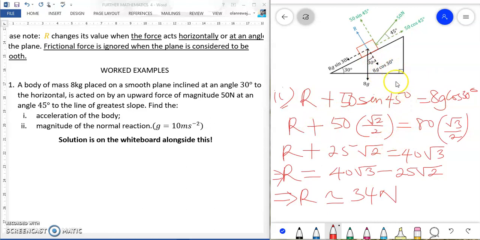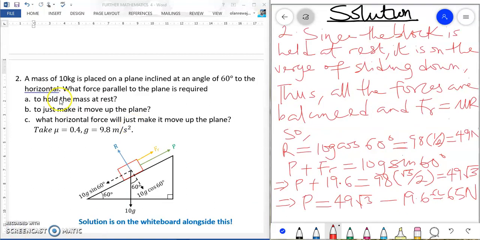And when we go on with this, sine 45 is root 2 over 2, whilst cos 30 is root 3 over 2. Going with this, we have our final answer, which is the normal reaction, to be approximately equal to 34 newtons.